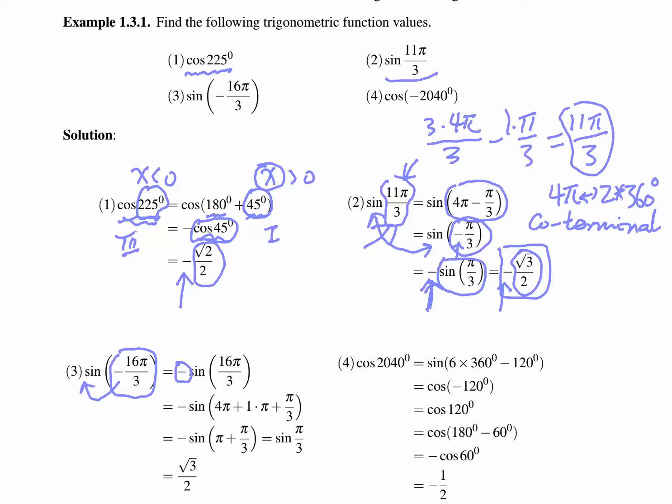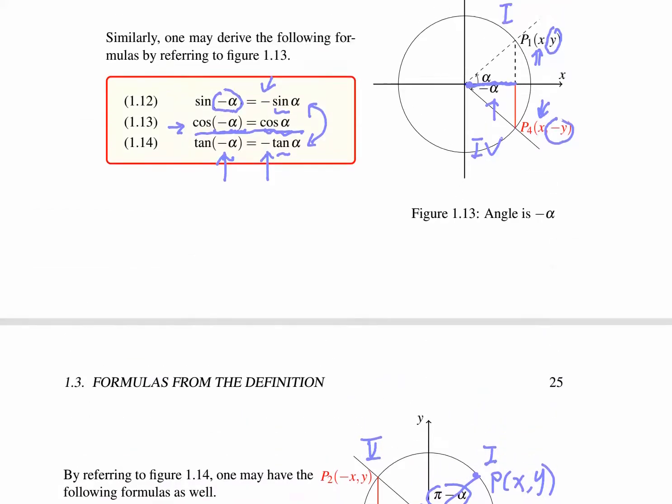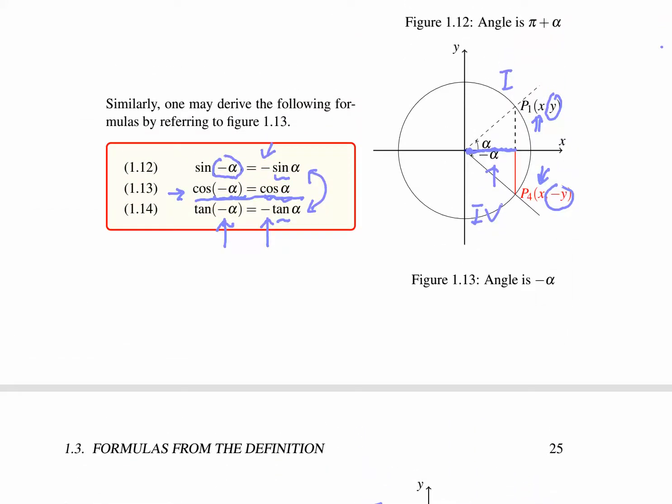Recall again, a few minutes ago we said this is because of which formula? It's because of the formula right here. You see, for the negative sign here, this negative sign gets out. That's the formula we did before.